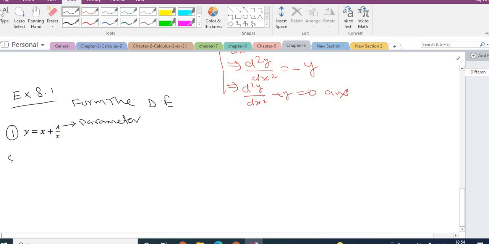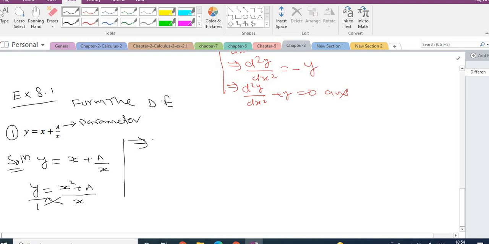So for writing the formation of differential equation, what do we need to check? Just copy the question and simplify it. Using cross multiplication, it comes x square plus a divided by x. Now again use cross multiplication: x multiplied by y is equal to x square plus a.